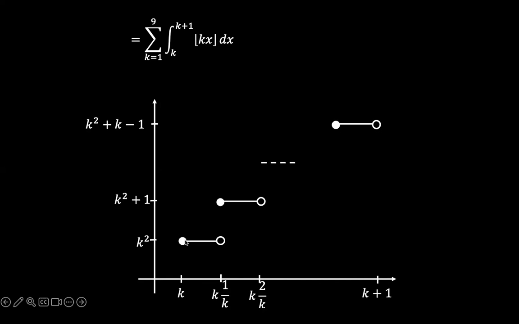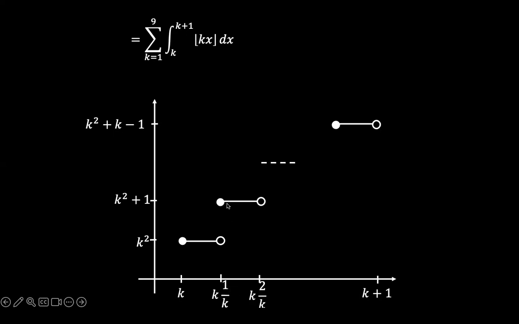And that continues all the way until x equals k and 1 over k, then that now shifts to k squared plus 1, right? Because k times k and 1 over k is k squared plus 1.